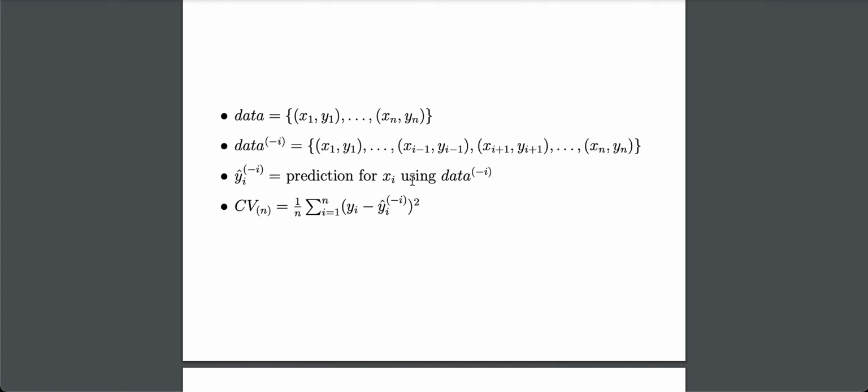We use this data minus the ith observation to fit a model, and then we make a prediction, which is ŷ_(−i), meaning that this prediction at i did not use that data point. We subtract it from the true observation, square it, and sum. That's for regression problems, but for classification we do the same thing: we count the number of errors.